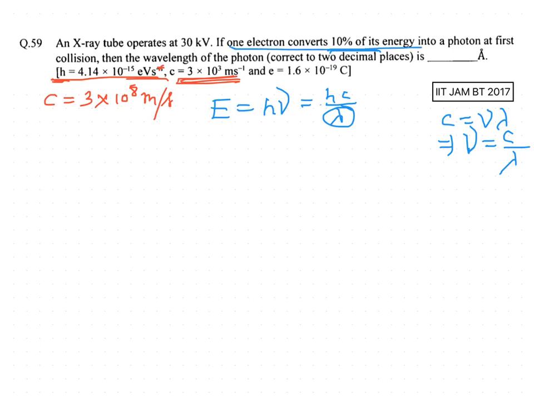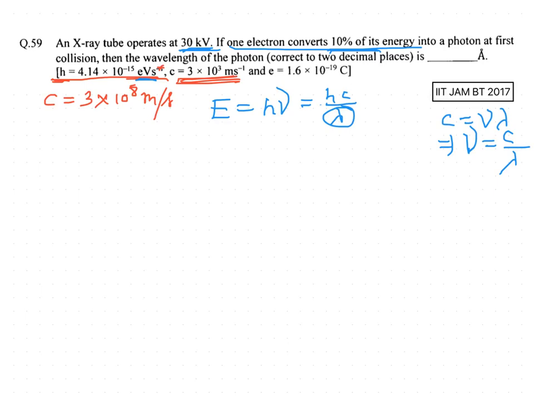So 10% of this 30 kV. Here it is not 30 kV actually; in terms of energy, it is 30 kilo electron volt. If you use kV here and electron volt second for h, then your answer would be wrong.